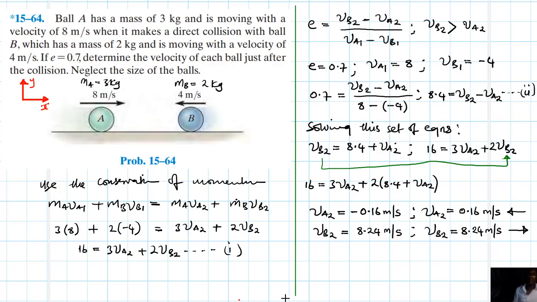Here we go, we have these values, and these are the velocities of each ball just after collision.